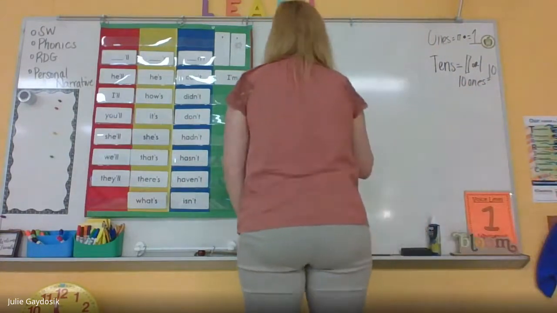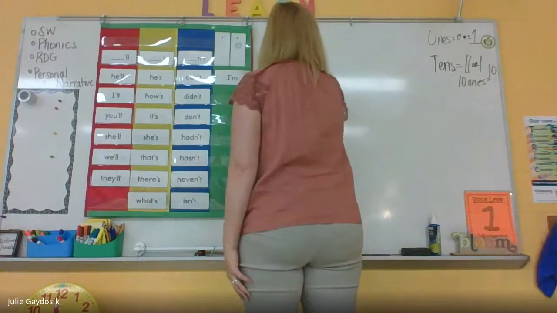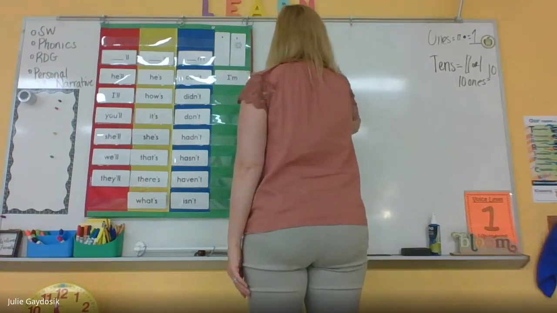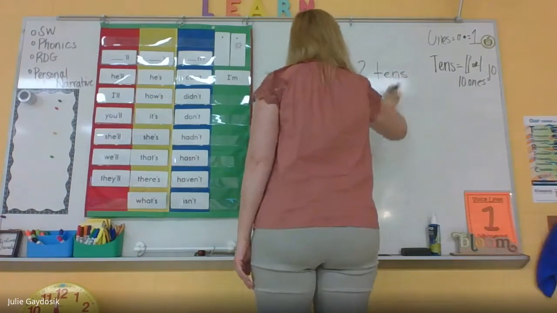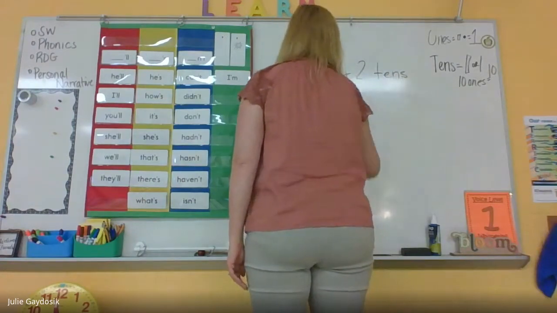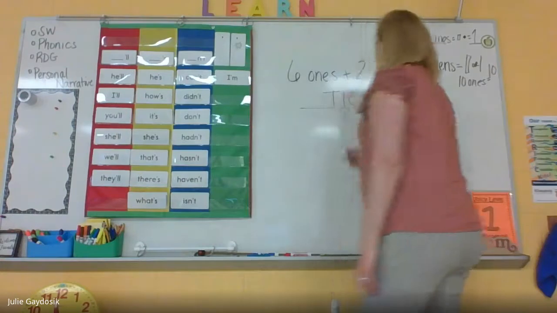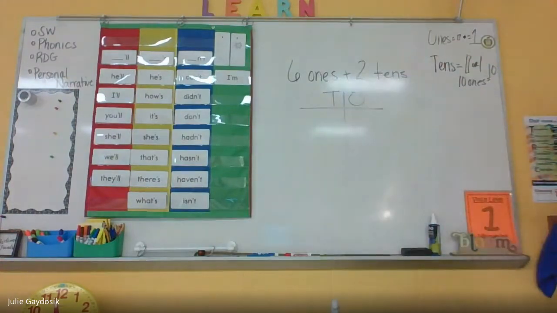Let's try another one. Now, be careful with this one. This one says 6 ones and 2 tens. So they don't have it in tens and ones order.